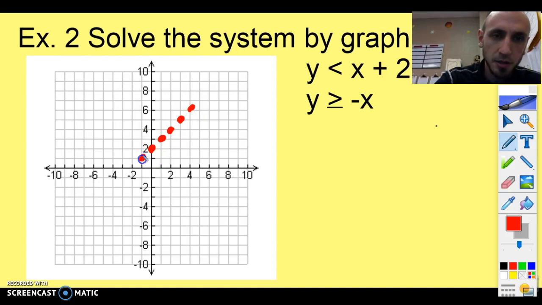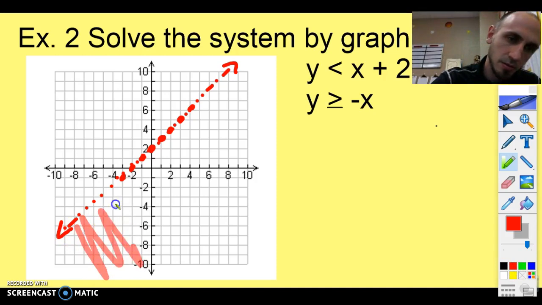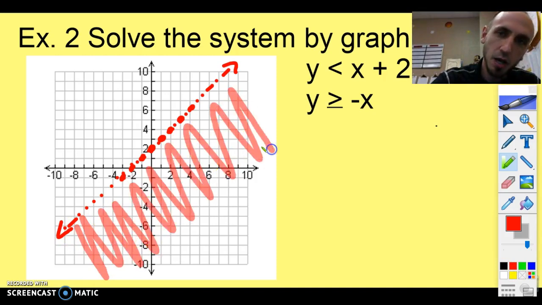And then I'm going to create my boundary line, which is a dotted line. And it looks like I'm shading which way? I believe below. And quick check of 0, 0. Is 0 less than 0 plus 2? Yes, so I shaded the right way.